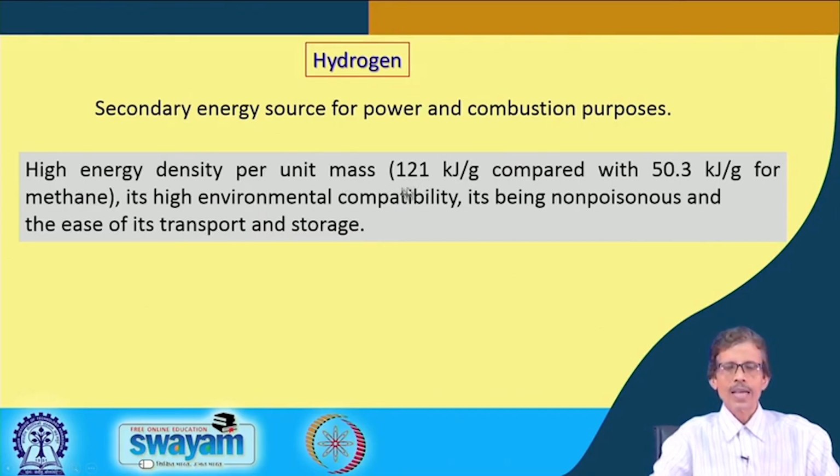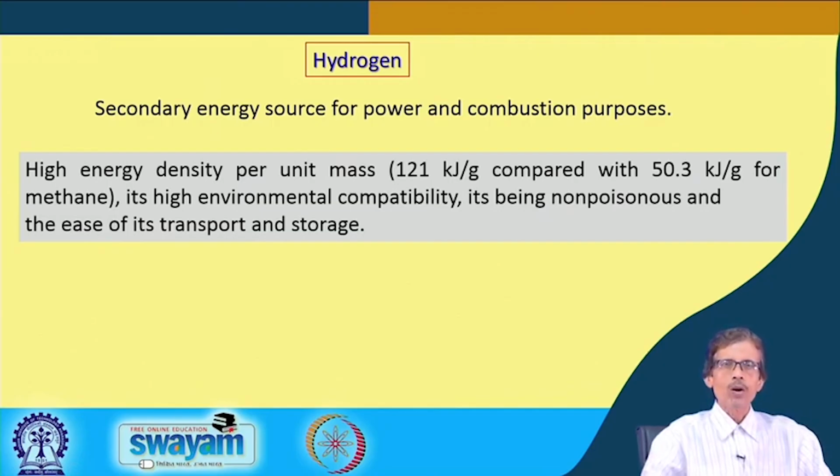It has 121 kilojoule per gram, which is very high compared to 50.3 kilojoule per gram for methane, the main component of the compressed natural gas we utilize from our natural petroleum sources, along with the petrochemicals, the corresponding CNG. So, if we simply compare methane and hydrogen, hydrogen will give you more energy.